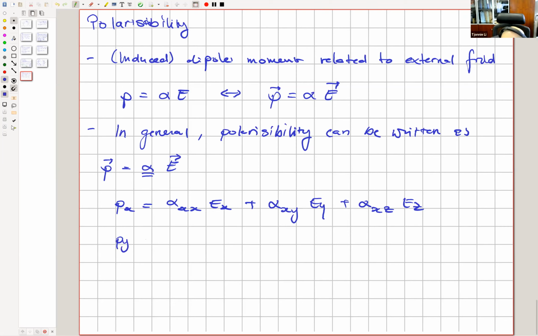So again, P_y is just alpha_yx E_x plus alpha_yy E_y plus alpha_yz E_z. Okay, so you get a mixture between all the different components of the electric field that then go into just the x direction of P_x.